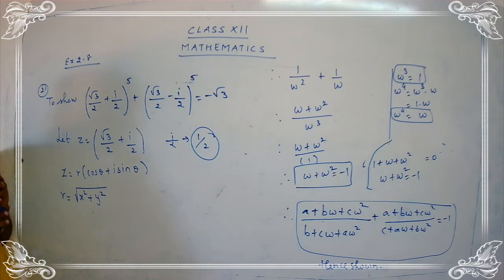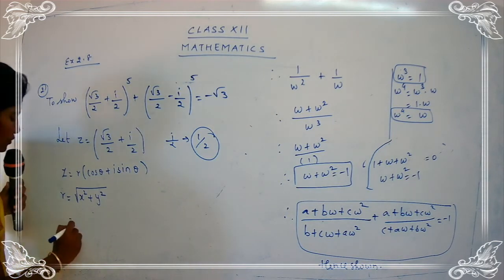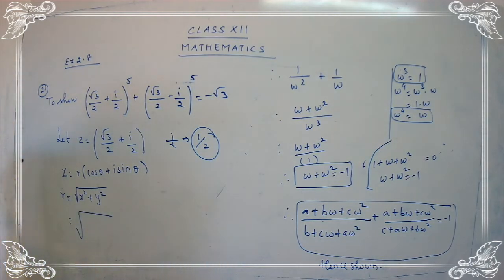So we got the value for x, it's root 3 by 2. We got the value for y, it's 1 by 2. Let's put the values over here and get the answer for r. Come on, substitute, children.